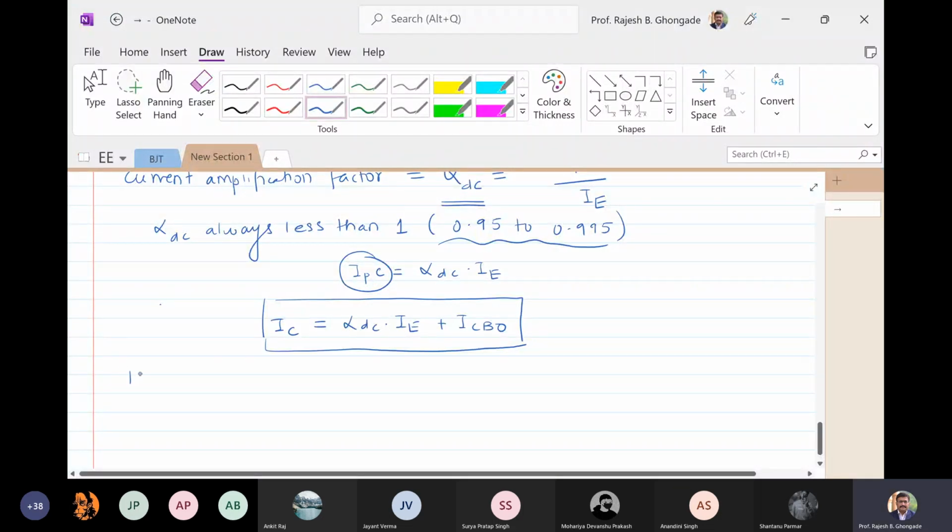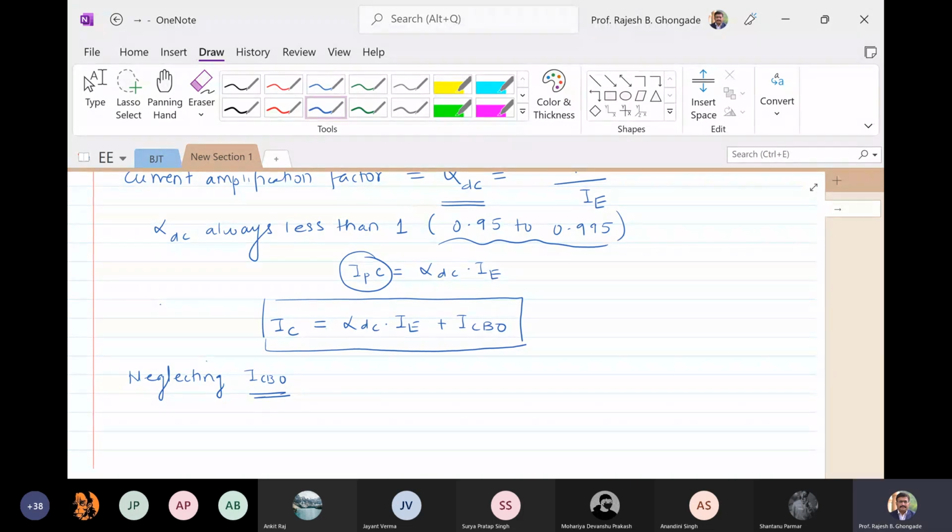Now sometimes we neglect ICBO. In engineering you'll come across this word neglecting a lot of times. अरे बट किसको neglect कर सकते हो? तुम वैल्यू को neglect नहीं कर रहे हो, तुम उसके इफेक्ट को नेग्लेक्ट कर रहे हो. प्लीज रिमेंबर दिस.